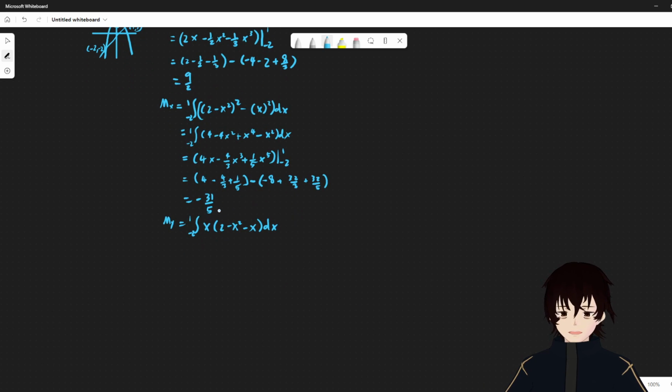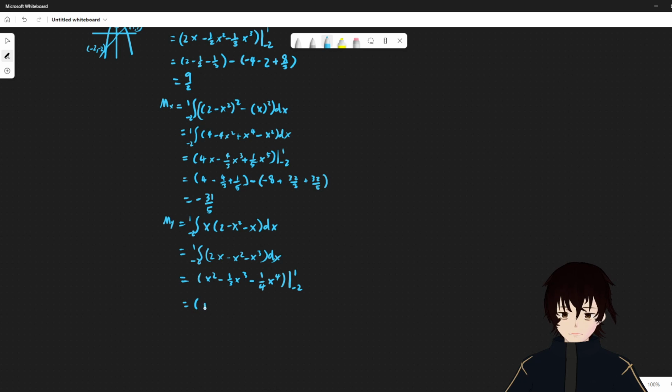Not really easier, but not like it matters. These are all pretty simple integrals. We get the integral from -2 to 1 of 2x minus x squared minus x cubed dx. That's going to be x squared minus 1/3 x to the power 3 minus 1/4 x to the power 4, all from -2 to 1.